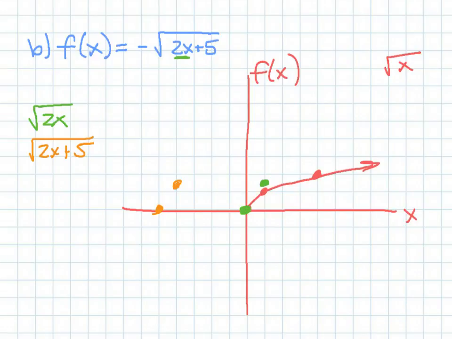Okay, so we get those points. And then for our final one, let's go with purple. And we get our negative square root of 2x plus 5. Remember, a negative on the outside of the radical flips it over the x-axis. So all these values go on the opposite side. And then that would be my final picture. Okay? Alright, have fun.